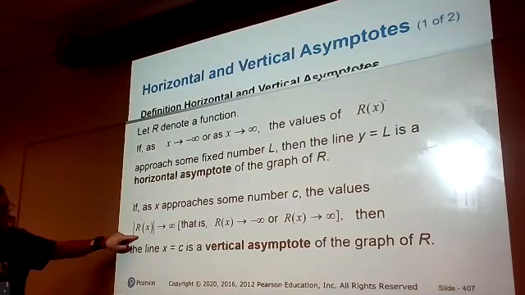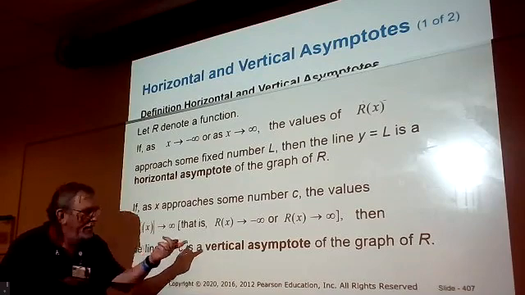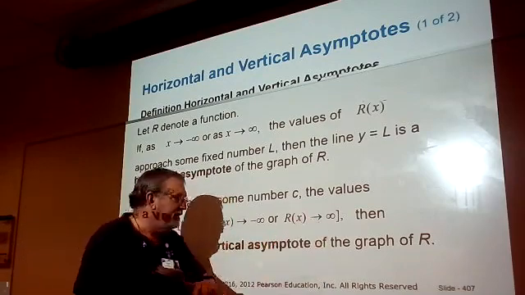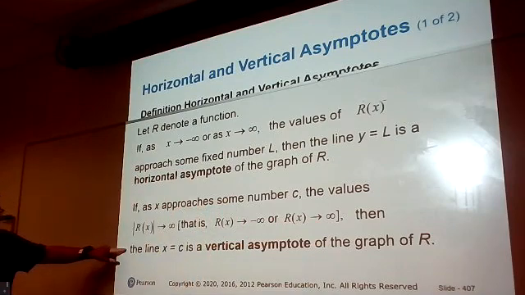Now, as r of x approaches infinity in absolute value, that means as it approaches negative infinity or positive infinity, then the line x equals c is a vertical asymptote of the graph.